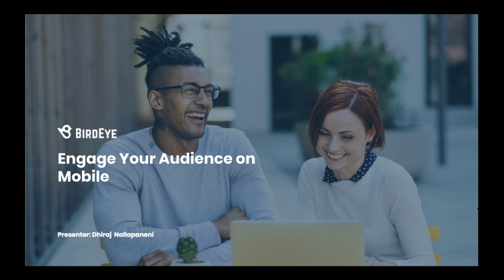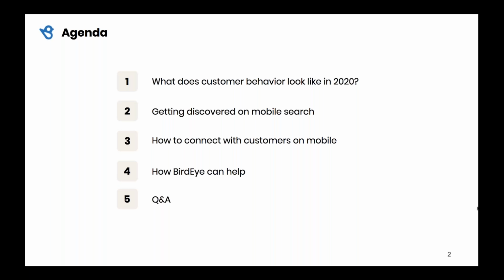Anyway, let's take a look at our agenda for the day. So, five parts to this webinar. First off, what does customer behavior look like in 2020? This is just going to go over some trends and statistics around mobile usage and mobile search and things like that.